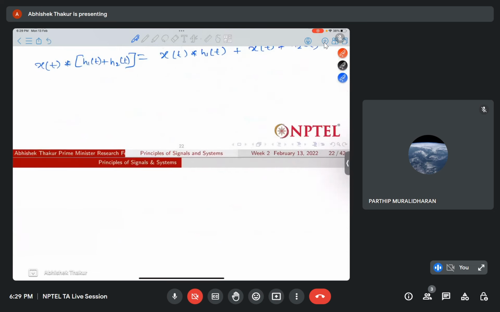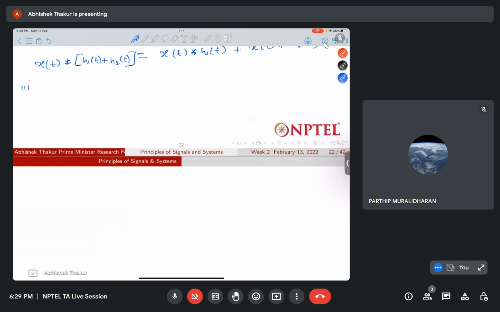Now we'll see other properties also. That is the third one, the associative property. We will see the seventh property, after that today we will finish the lecture here.